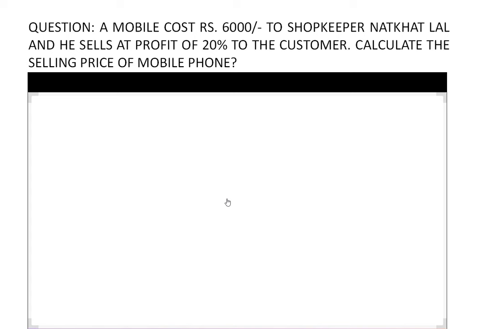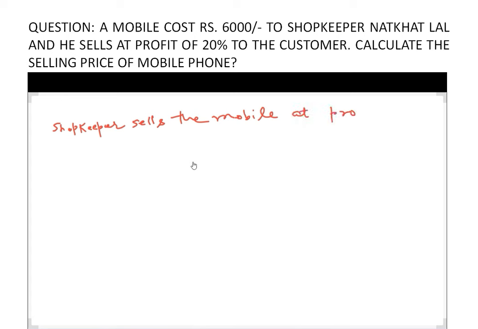I will tell you a method to solve these questions. Whatever is the percentage of profit or loss given, first write it in fractional form. We will see how to write it in fractional form.